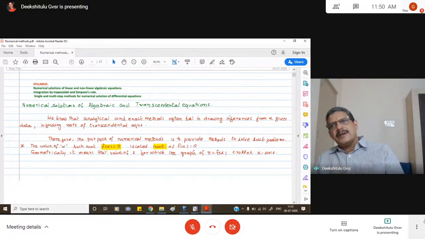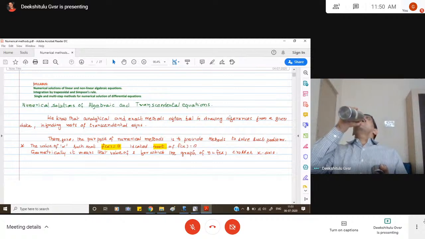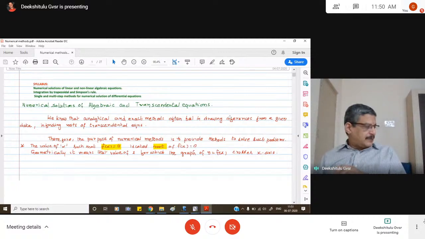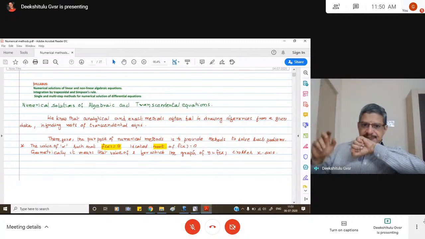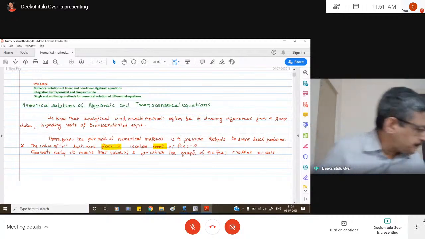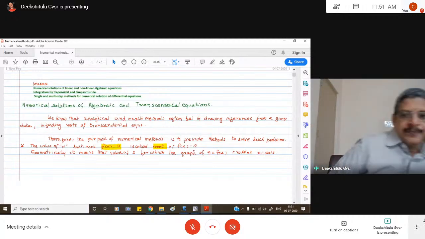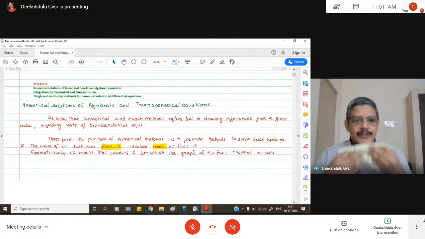Transcendental has a different meaning, but for a layman's understanding, if the function involves exponential, logarithmic, trigonometric, hyperbolic and algebraic functions, then it is a transcendental equation. So first we will deal with numerical solutions of algebraic and transcendental equations.